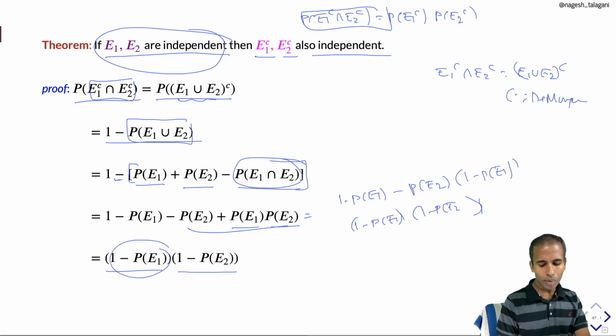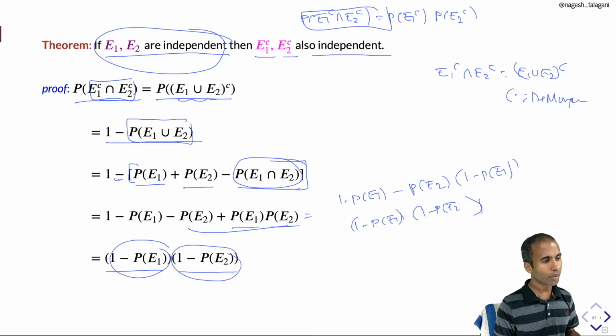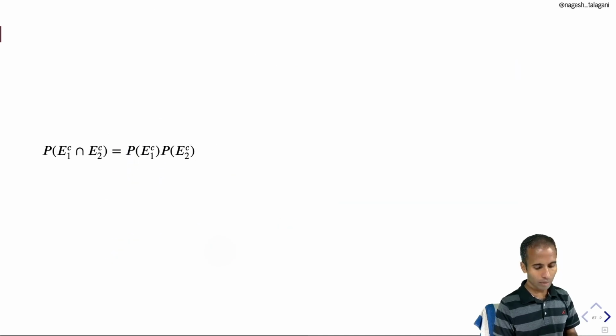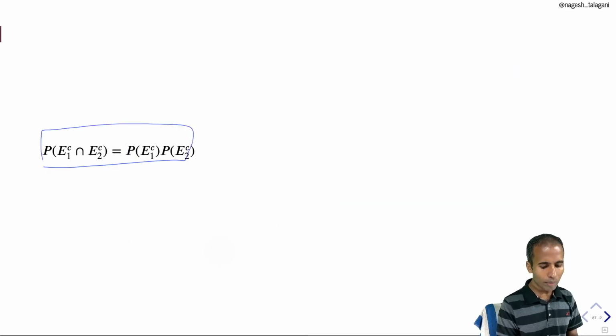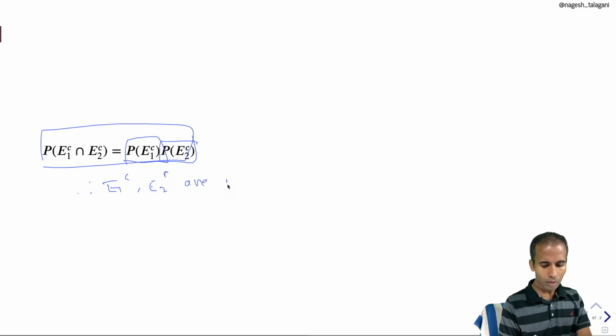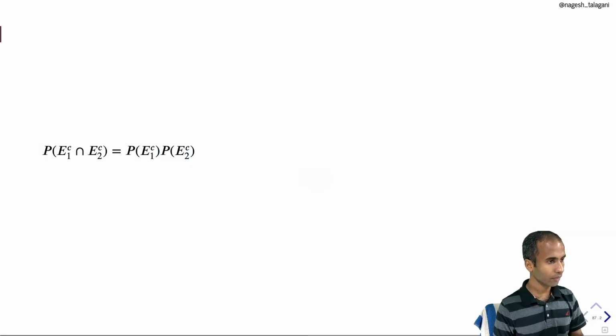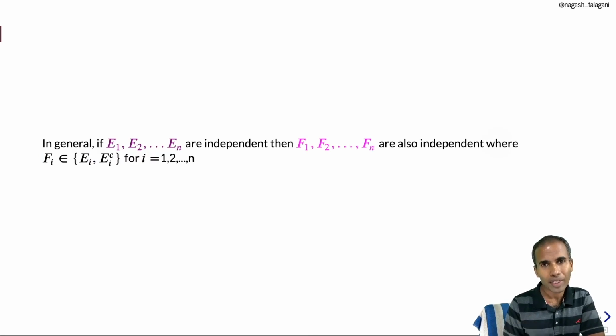This is nothing but probability of E1 complement, and this is nothing but probability of E2 complement. So we have probability of E1 complement intersection E2 complement equal to probability of E1 complement times probability of E2 complement. Therefore E1 complement, E2 complement are independent. We have a general statement here.